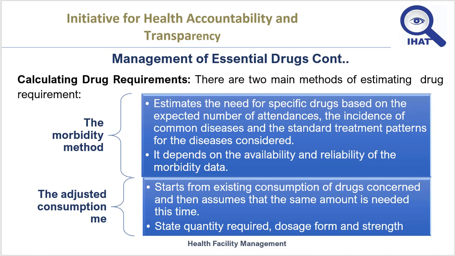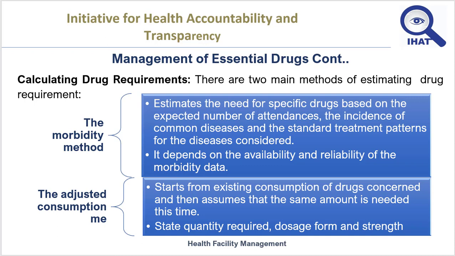It is important for health facility managers to clearly understand how to calculate drug requirements. And there are two main methods of estimating drug requirements. We have the morbidity method, which estimates the need for specific drugs based on the expected number of attendees or attendances, the incidence of common diseases, and standard treatment patterns for diseases.